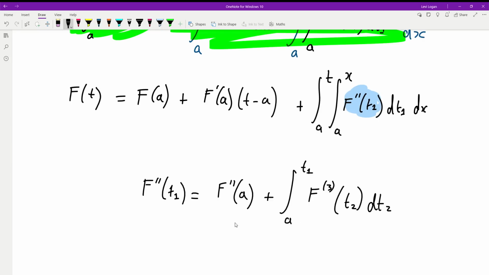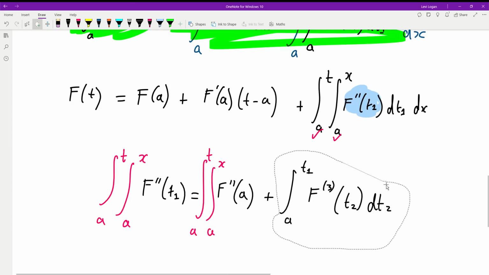Okay, now if we want to make this equal to our double integral here, we need to attach the double integral. So that means we have to integrate here and here, so we have to attach both of those. So you get a to t and a to x, and you have to do that to everything here. So you get a triple integral in the end.